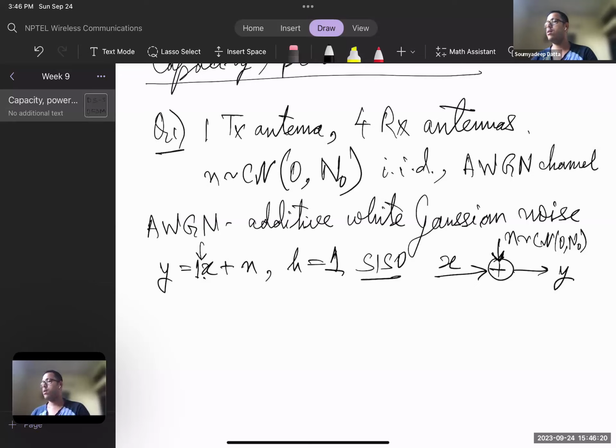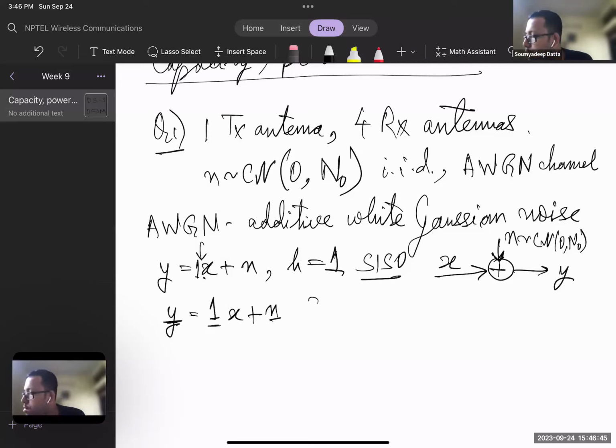But here you are given a single input, one TX and multiple RX, so the SIMO, or single input multiple output, case. In that case it will be just Y equal to some 1 vector times X plus N vector. This is the SIMO channel.